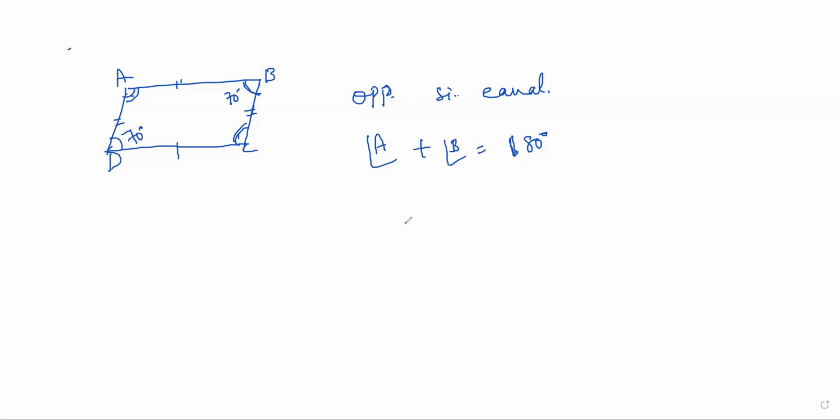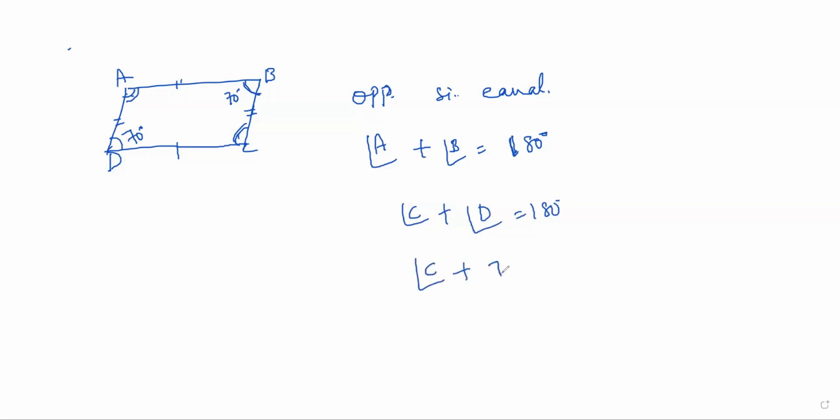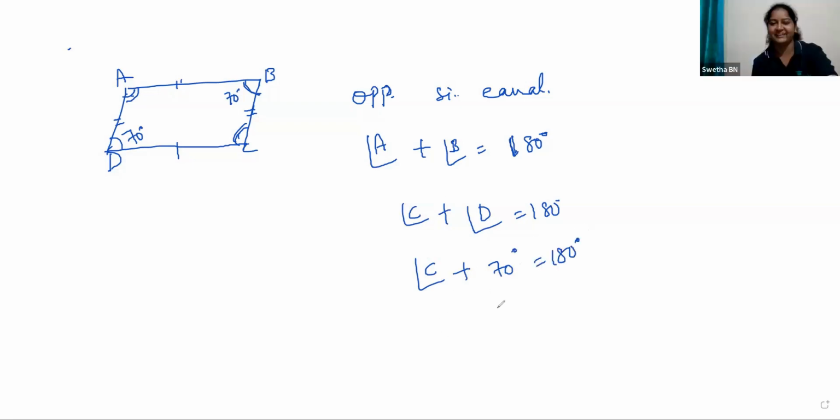You can take C plus D is equal to 180, or you can take A plus D is equal to 180. Ma'am, it is 110. Yes, 110. Angle C is equal to 180 minus 70. It is 110. Okay. So 110 and C is also 110. Okay, children.